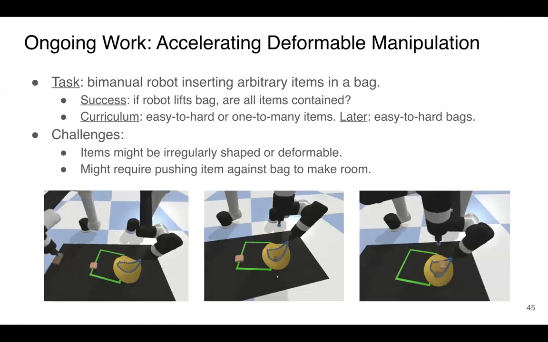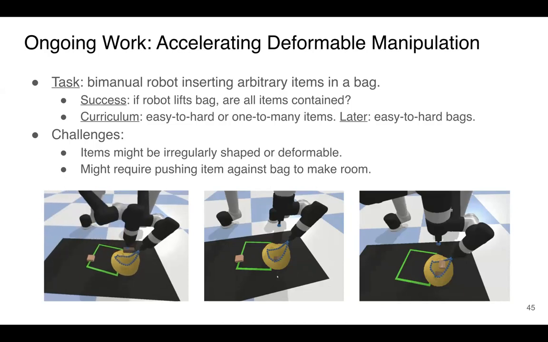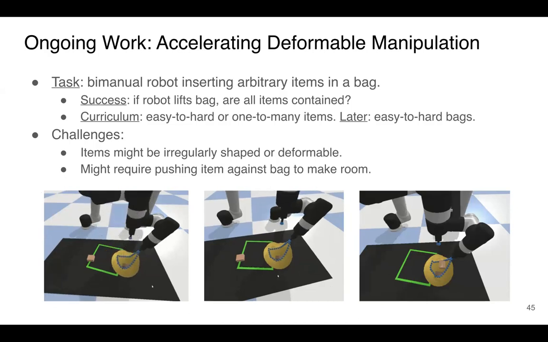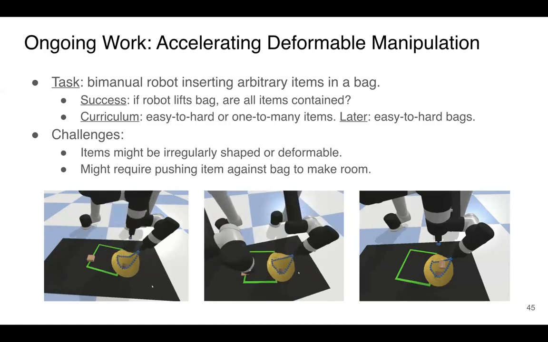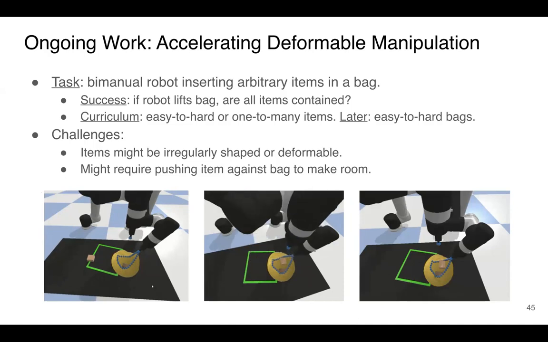In contrast, if we have a more clever policy, maybe one that has picking, placing, and pushing actions, the pushing can make it easier for the next item to be inserted. Now the first item is effectively holding the bag and making it a little wider for the second item, so that when the bag is pulled up, it contains the item.